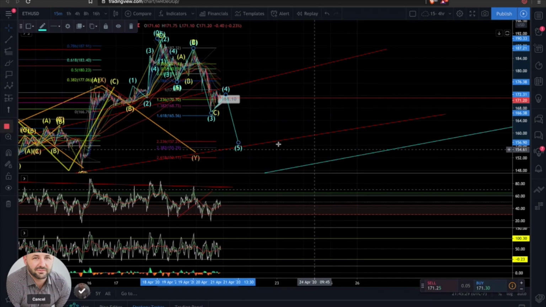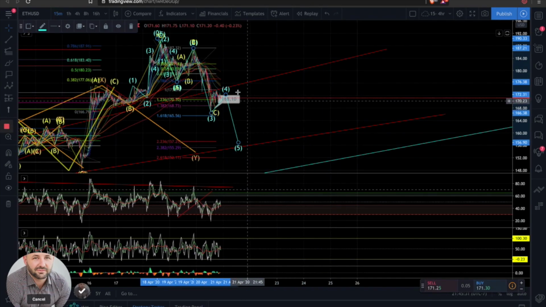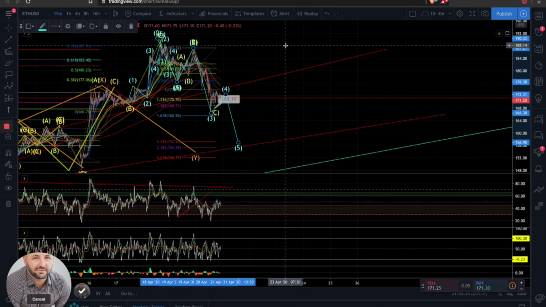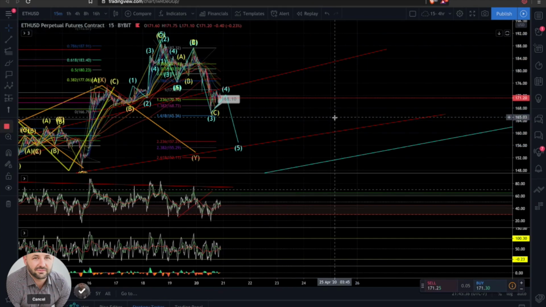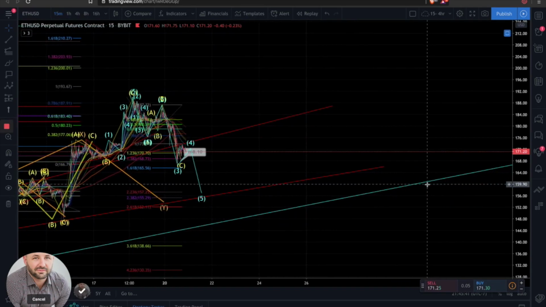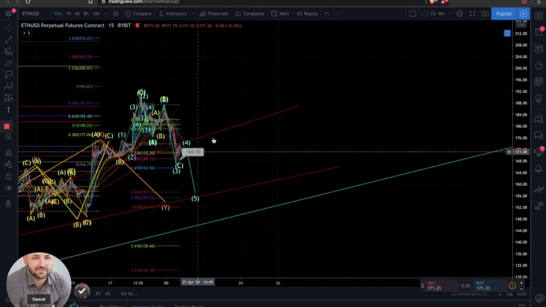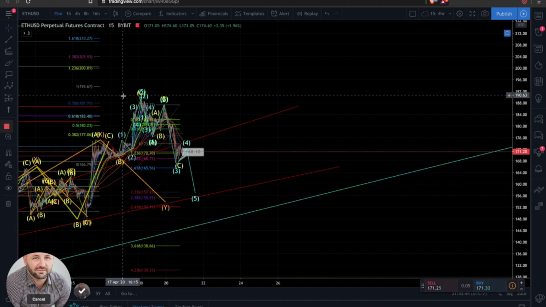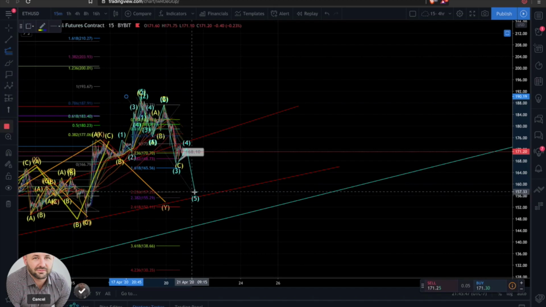And our targets for that are really going to depend on how far we go up correctively before we continue the drop. So what I mean by that is if this is going to end up being an impulsive wave for a wave 1, and look at some targets. So we hit our target right here at 157.